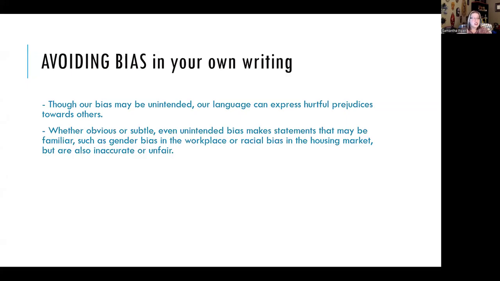Gender bias is very real. If you've ever heard of a glass ceiling, this is very real. Look up the Lilly Ledbetter Act, for instance. Racial bias in, for example, real estate, is very real.